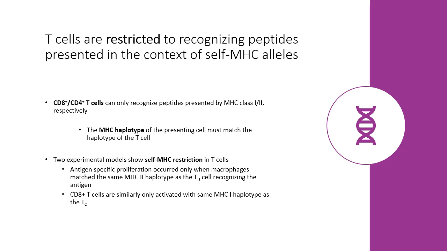There were actually 2 experimental models that showed this, so it's pretty strongly confirmed that this is a real thing and that it is important. With antigen-specific proliferation, when the T cells recognize an antigen, one of the things they're supposed to do is make tons of copies of themselves, go through mitosis a bunch, and expand. That only happens when the macrophages or the dendritic cells match the same MHC2 haplotype as the T helper cell that could recognize the antigen.